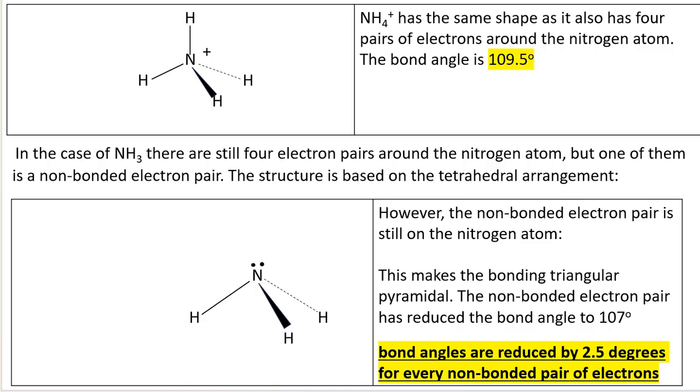Now, top of the page, NH4+, bond angle 109.5. Here, 1 bond is replaced with a non-bonded pair. Bond angle is down to 107 degrees. Bond angles are reduced by 2.5 degrees for every non-bonded pair of electrons.